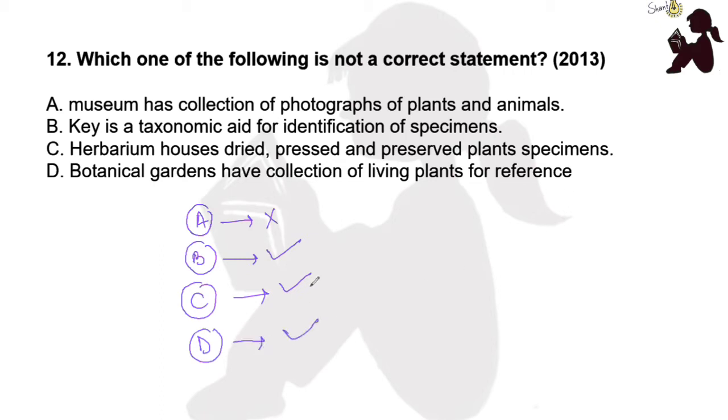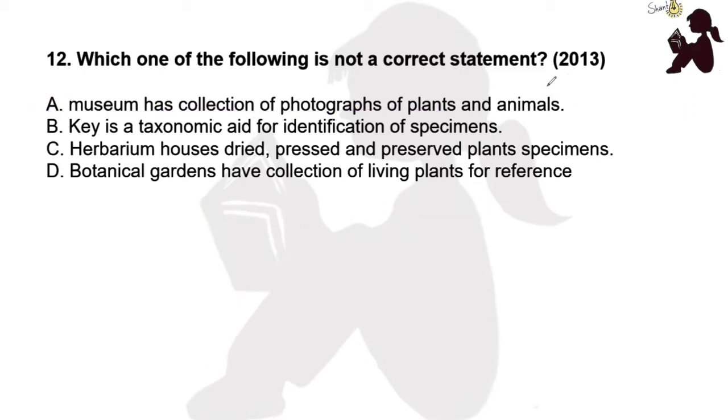This is also true. So this is the incorrect statement. Okay. So here the question asks for the incorrect statements. The correct answer for this question is the option A, museum has collection of photographs of plants and animals. Okay. Now, let's move forward to the next question.